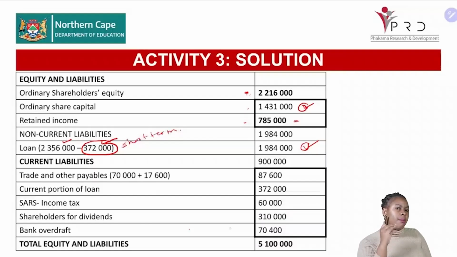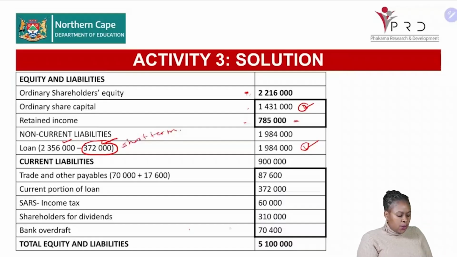However, a certain amount will be paid within the next 12 months. So then we will take the amount that will be paid in the next 12 months and put it separately. And then the amount that will be paid after 12 months, we allocate separately. But when we add the 2 amounts, it will give us the total that we owe. The only difference is that we are separating them so that we show them according to the principles that we have to use, which is the GAAP principles.